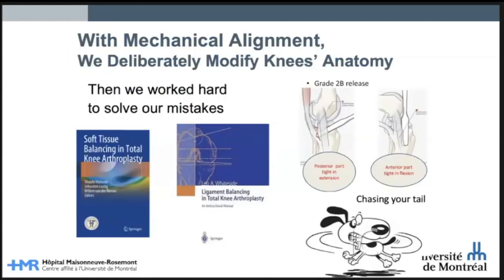So with the mechanical alignment technique, we deliberately modified knee anatomy, and over the years, we worked hard to solve our mistakes. Textbooks were created to try to help by defining the best technique to release ligaments, but in fact, all these imbalances that we had to correct were created by us using a systematic one-size-fits-all surgical technique. So we were chasing our tail.